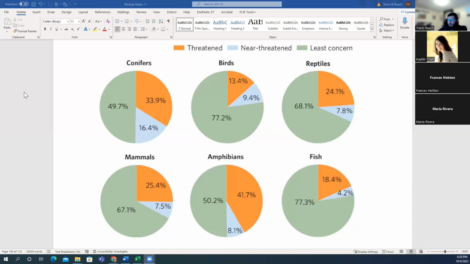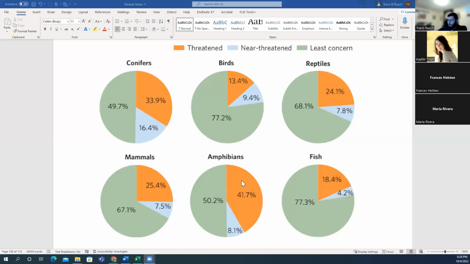The orange is most threatened for extinction. Blue is close to being threatened, and green is least. Yeah, so orange is the worst color, right? Because those animals are actually threatened. And then blue, they're near threatened. And then green, they seem to be doing okay because they're the least concerned or the least potentially threatened.